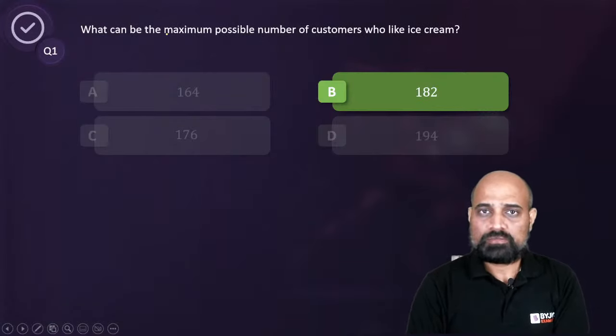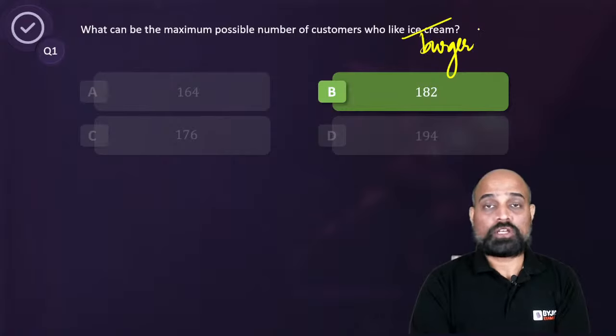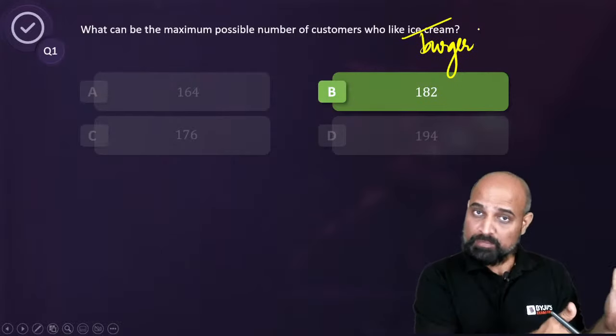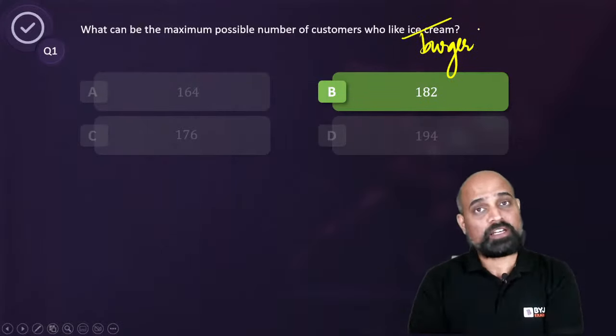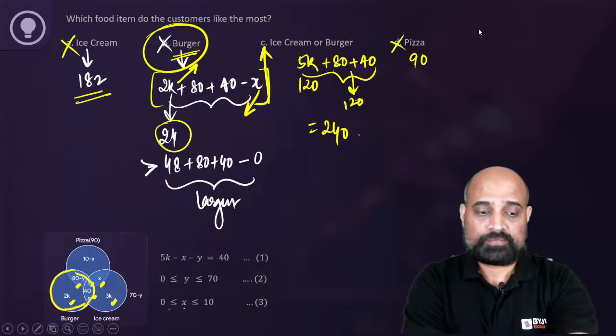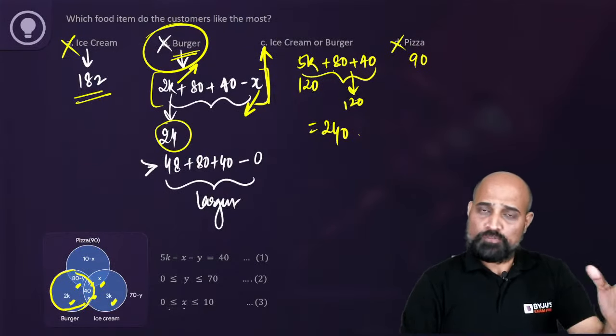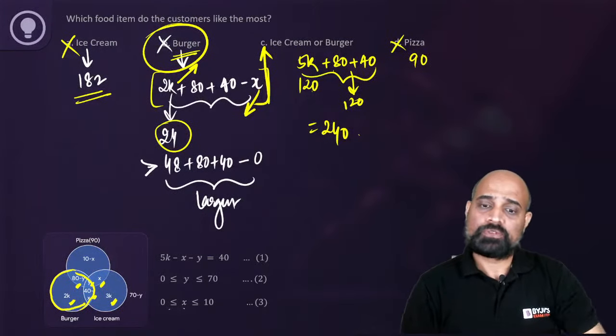Instead of ice cream, we make it burger. So the way we maximized the ice cream expression, we will maximize the burger expression. Don't want to keep the value of x. No Sneha, every question is new.